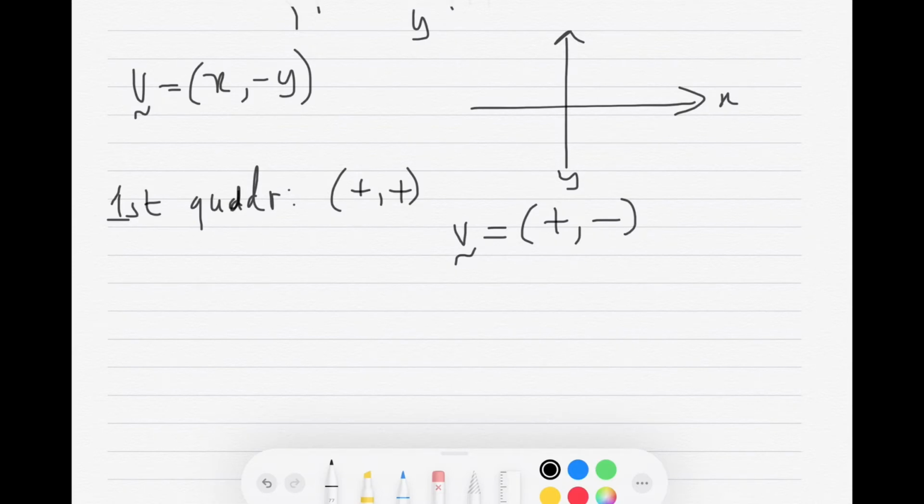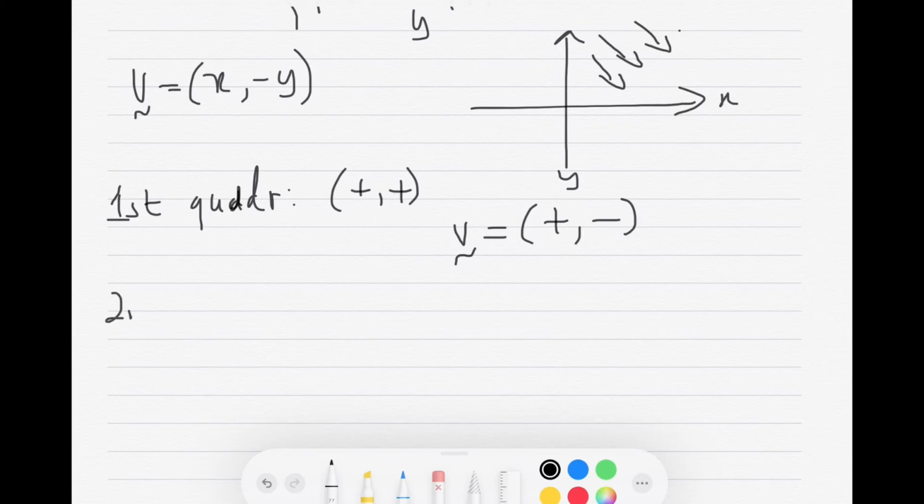Now these are vectors, so that will be the direction of the vectors in the first quadrant. Now if a vector has a positive, negative signature, then it would be the x being positive and the y being negative. That means we'll have vectors pointing in this direction.